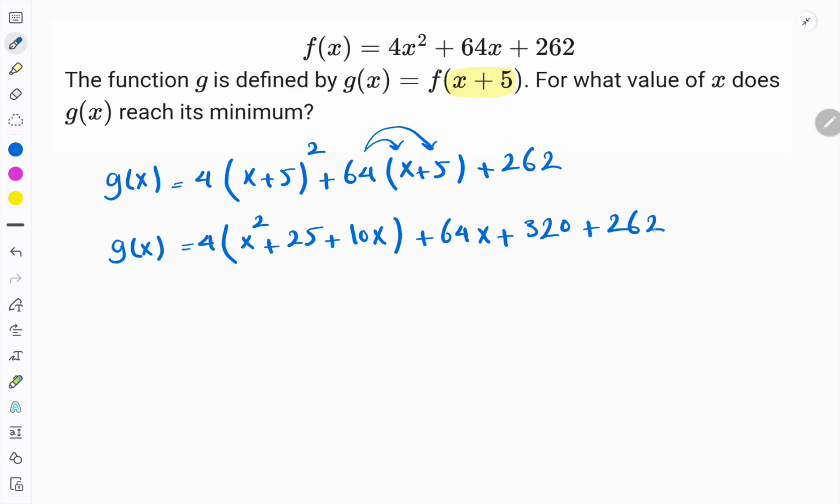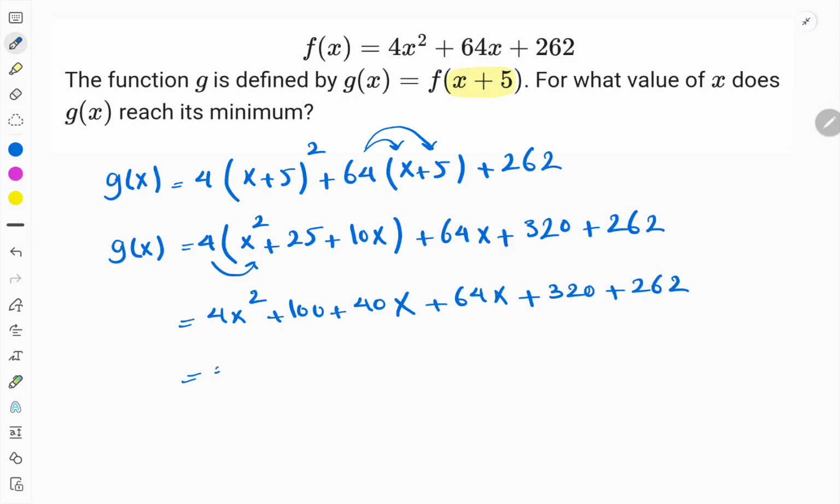And 262. We need more simplification. 4x squared plus 100 plus 40x. And then collect like terms.